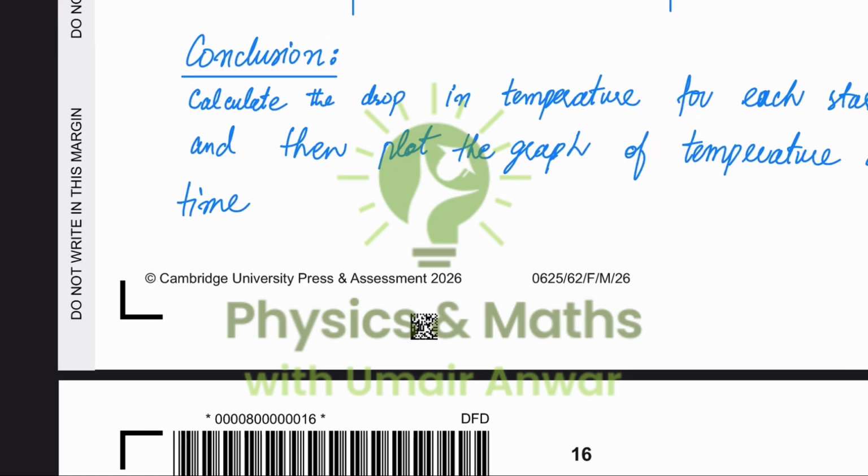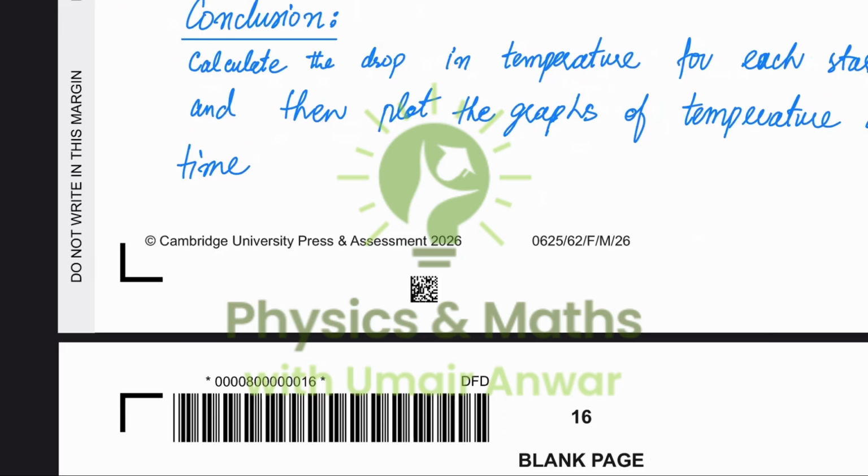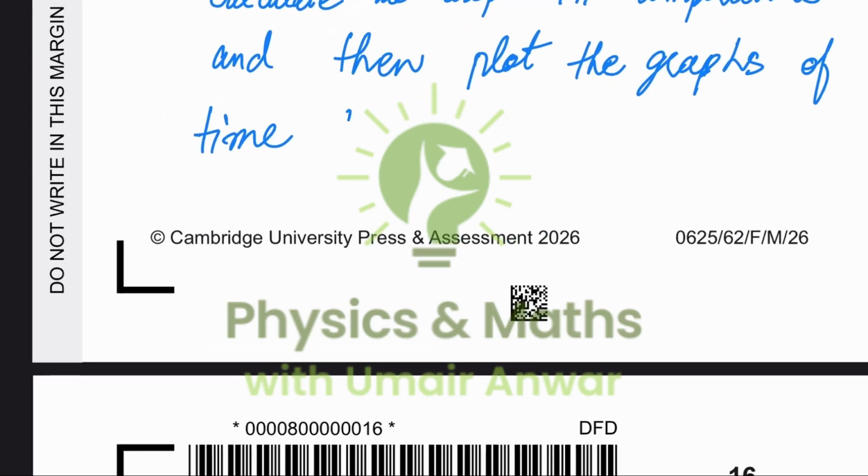So we will be plotting the graphs of temperature drops against time for each starting temperature on the same graph.